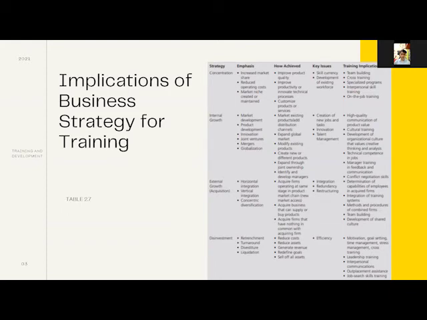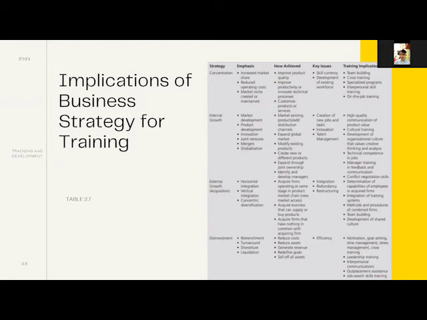Then let's go to the external growth strategy. This strategy emphasizes horizontal integration, vertical integration, concentric diversification. How to achieve? Acquire firms operating at the same stage in the product market chain, acquire businesses that can supply or buy products, acquire firms that have nothing in common with the acquiring firm.